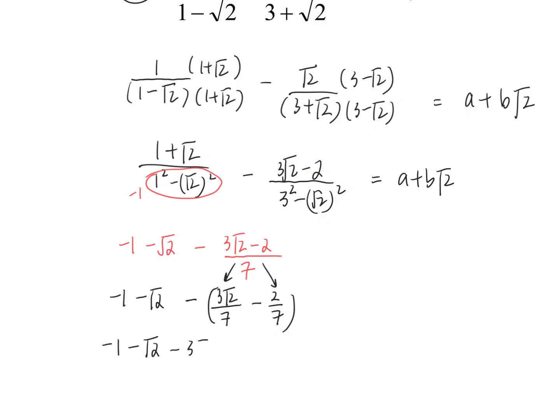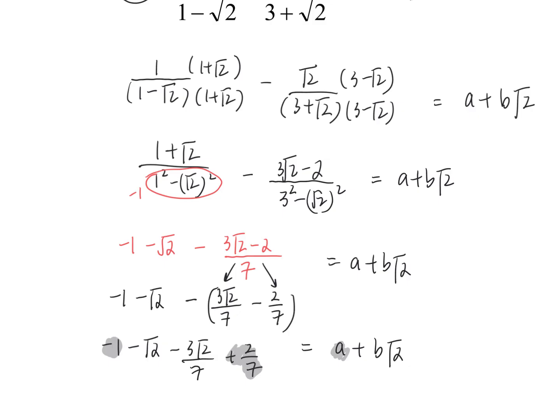You will get this thing. If you want to do comparison, you just compare the constant term with the root 2 term. So that means A must be equal to this one and this. This is the A value. So A is actually minus 1 plus 2 over 7.